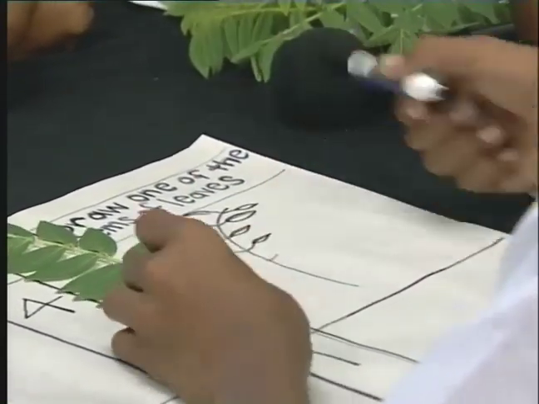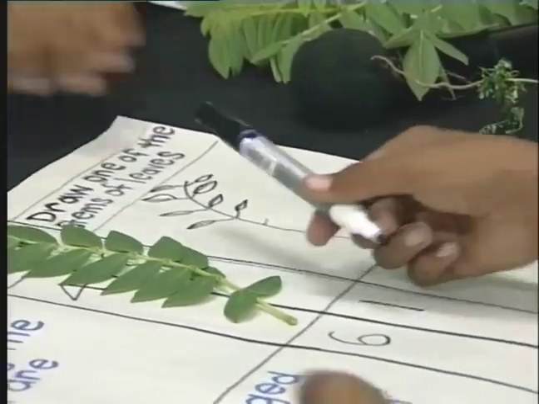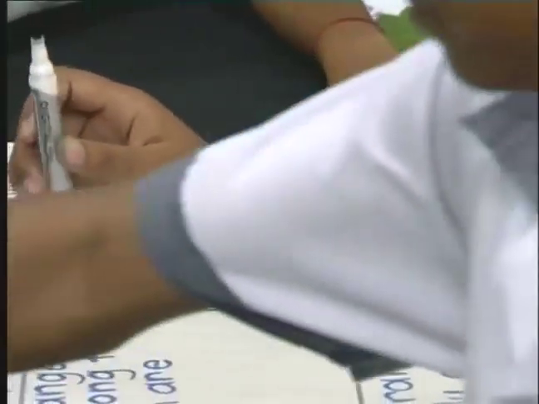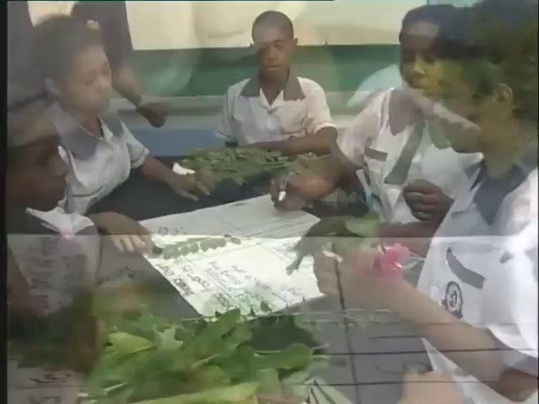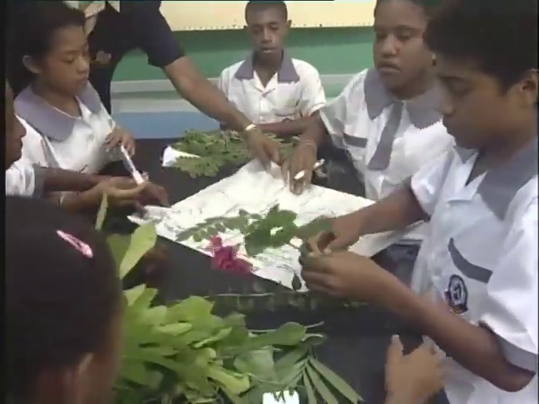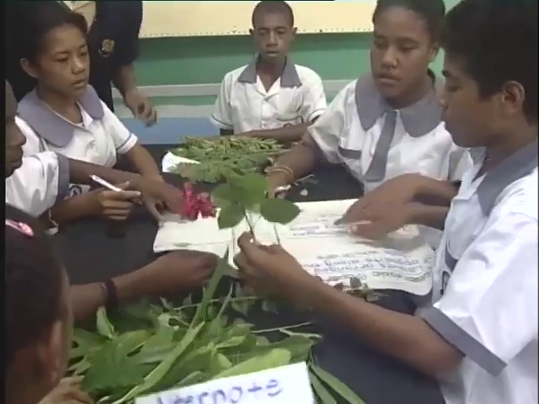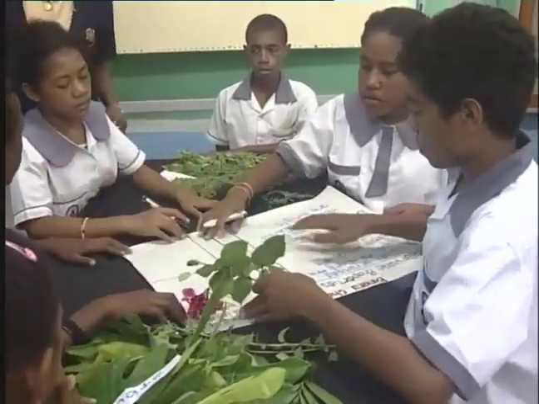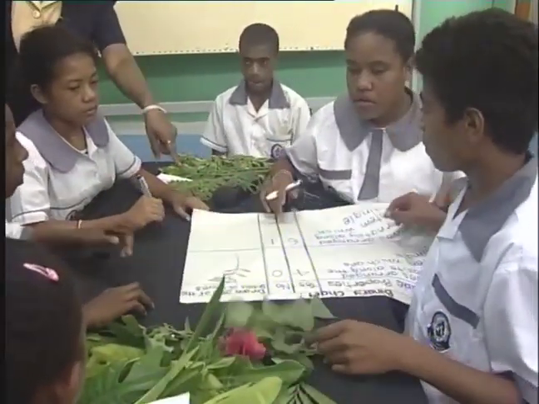Okay, that's enough. Let's have you do the next one. Somebody else, not Jubilee. We have someone else to do that. Okay, someone else. Draw that. Leaves are arranged alternately. That's opposite, alternately.